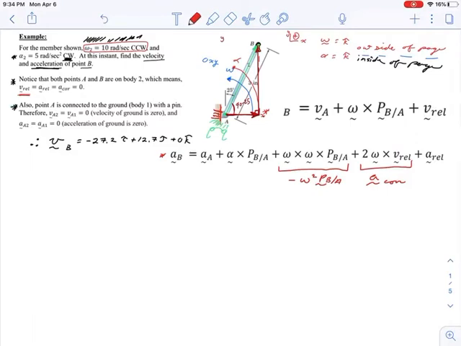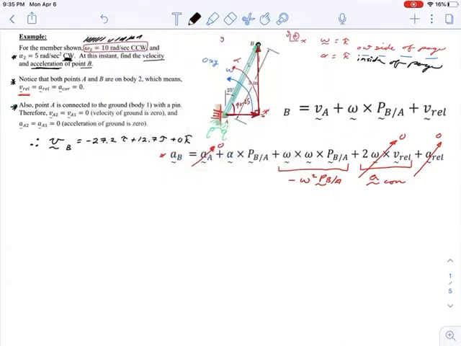And let's cancel a few things as well. Notice that since points A and B are on the same body, the Coriolis acceleration is 0, and the relative acceleration is also 0. And since position A is fixed at the ground, this is also 0.